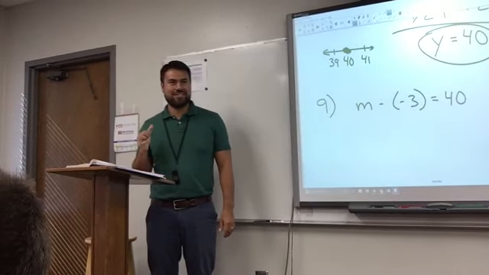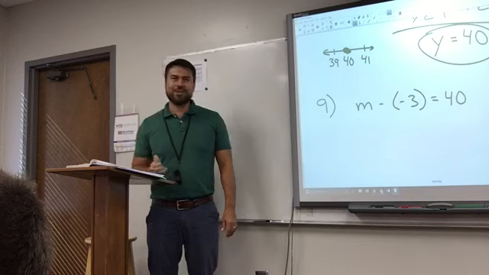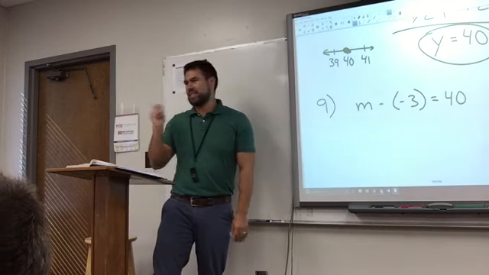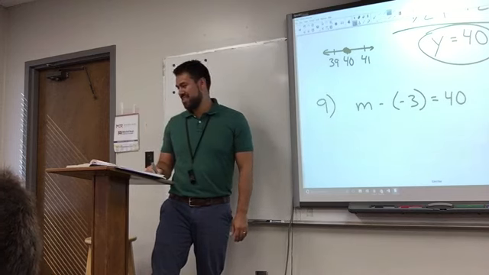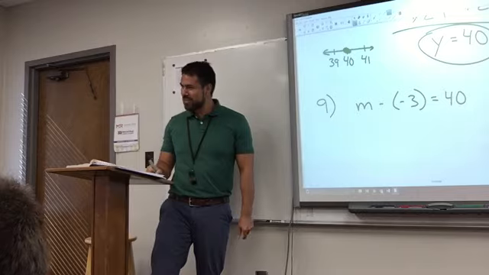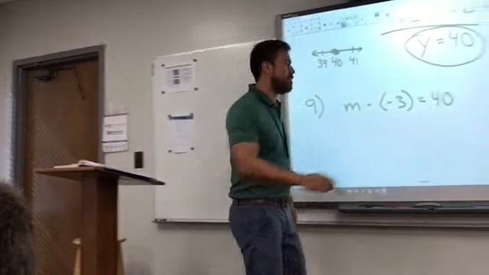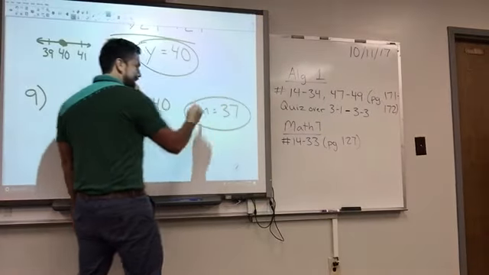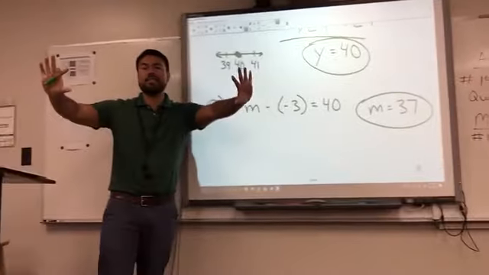Michael. 27. Close still. Tristan. 37. M equals 37. M equals 37. What? Maybe you're thinking, what? Are you sure?